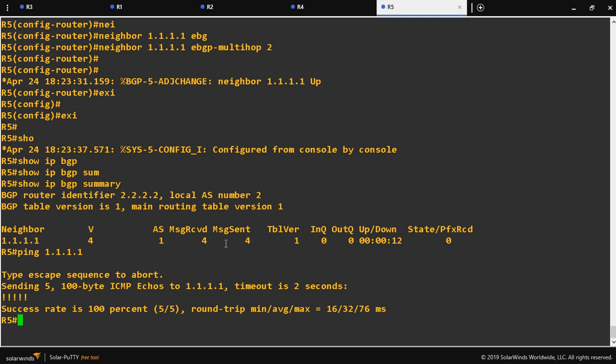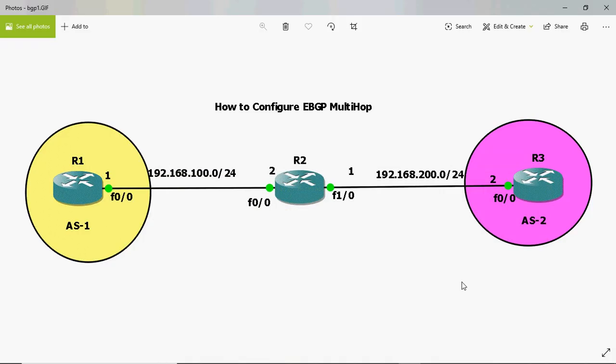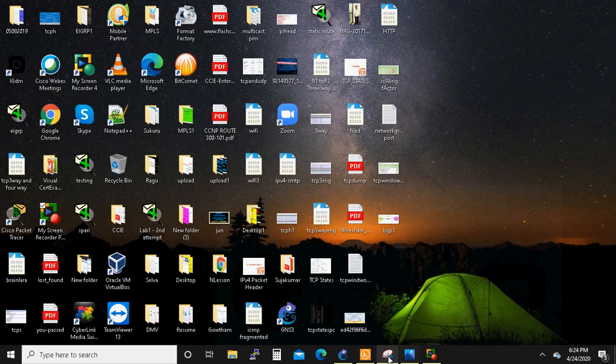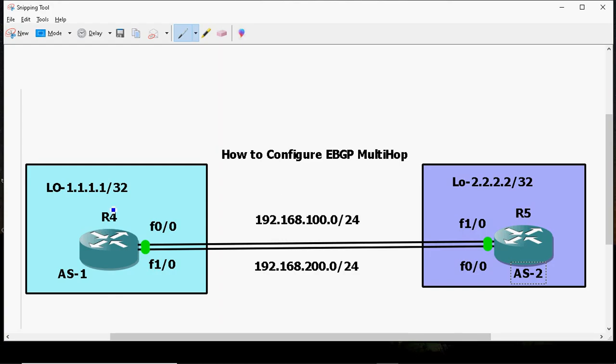So now if we have any other LAN network, you can advertise. Okay. So using this scenario we are doing load balancing, as well as using eBGP multi-hop. So eBGP multi-hop is mainly used when the peering router is some hops away. By default, if you configure eBGP, the default TTL value is 1. So if it's point to point, the neighbor relationship will be formed.